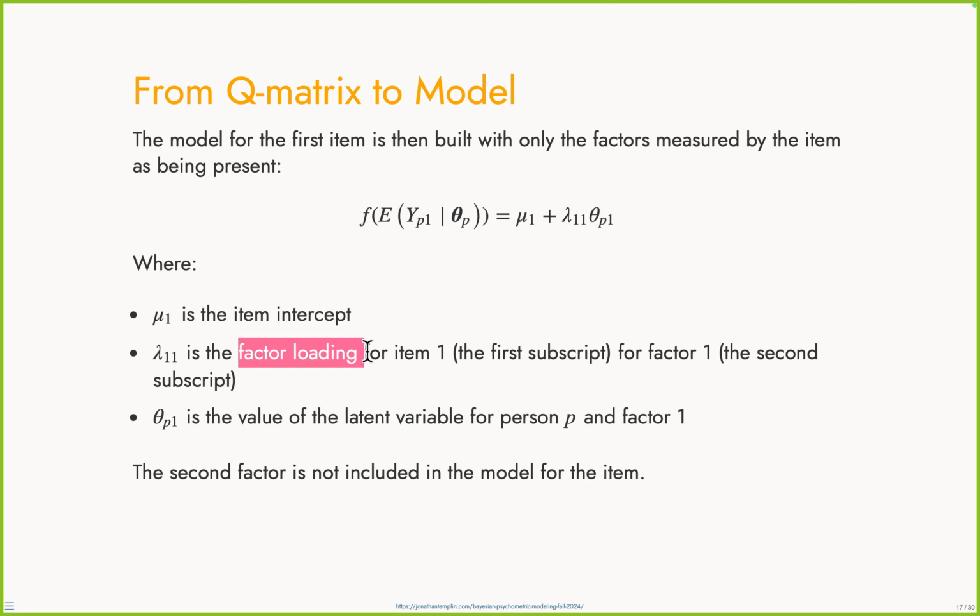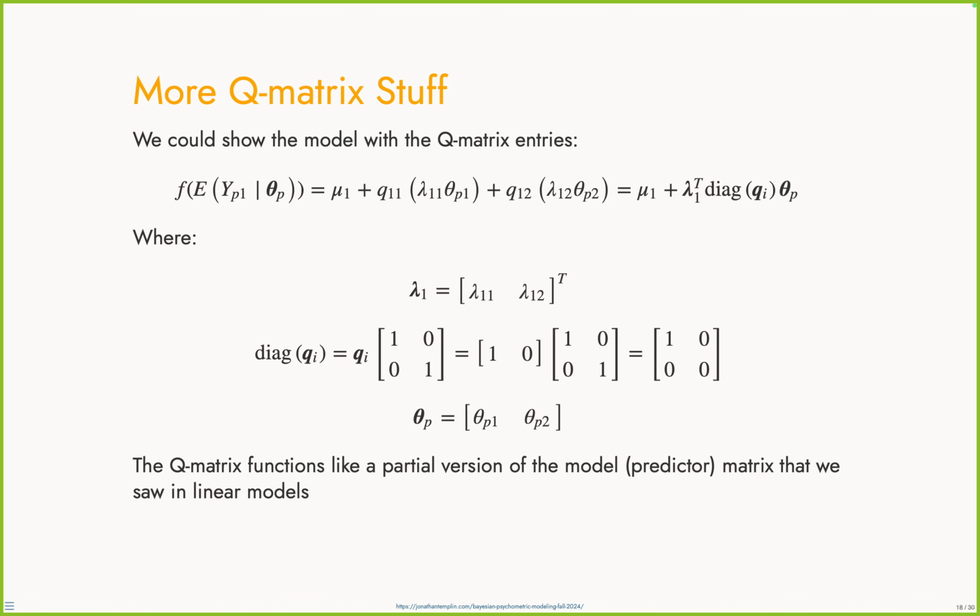I would call it slope, as we would in a linear model, but for whatever reason, slope does not tend to appear in psychometric literature. So factor loading is synonymous with slope, or main effect, or discrimination. All of those are the same word for the same concept. Cool? All right, keep it moving then.